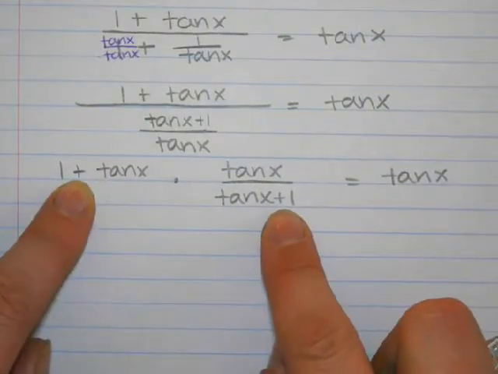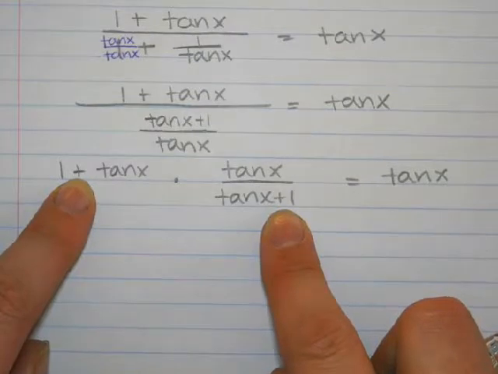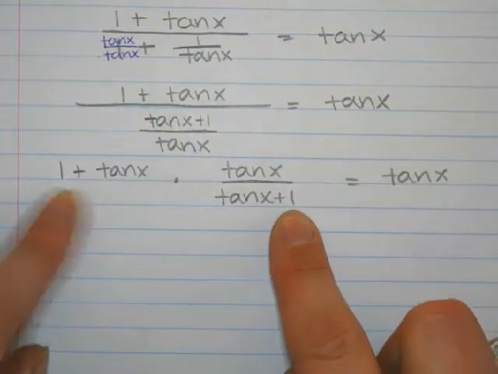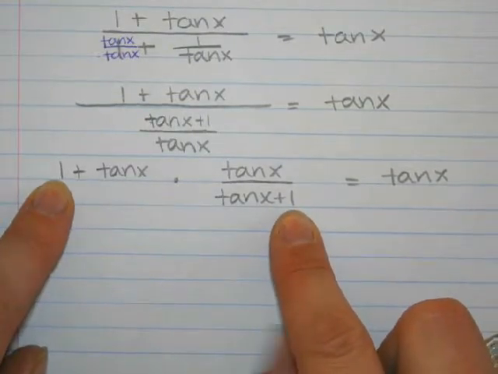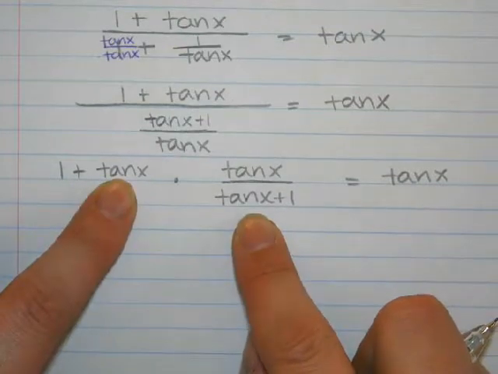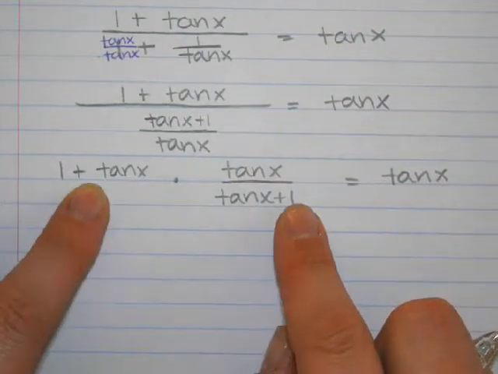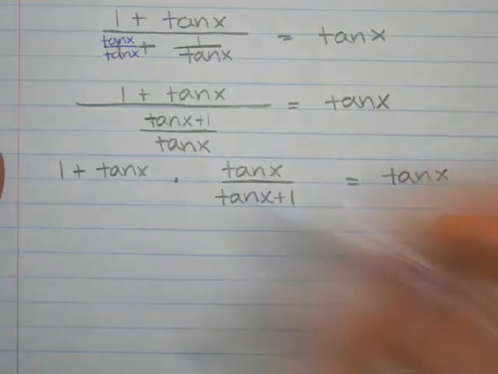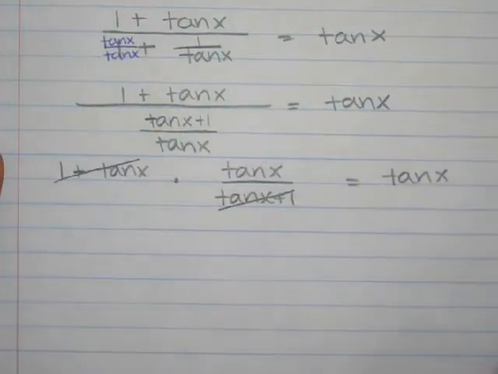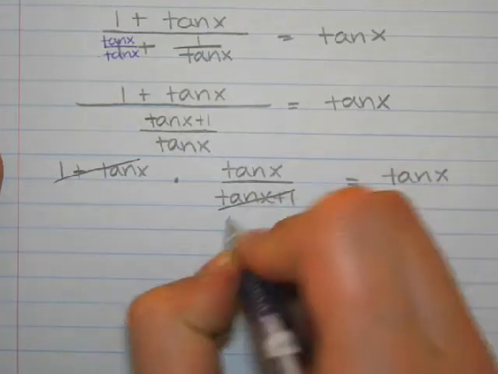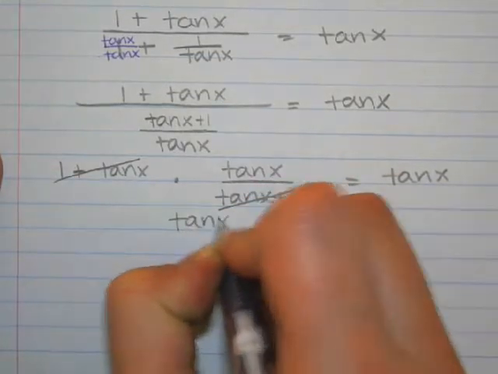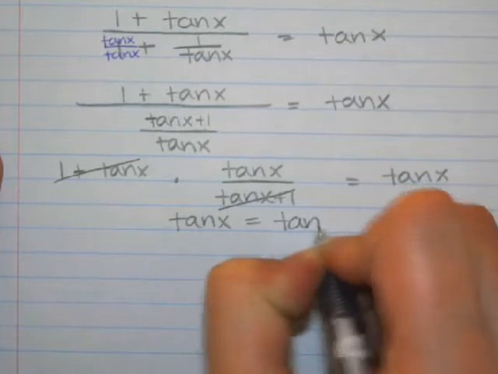It's okay that they have a plus sign because I'm canceling the entire thing. I'm not saying 1 and 1 cancel. I'm not saying tan and tan cancel. I'm saying the whole thing. 1 plus tan x is the exact same as tan x plus 1. So this whole thing cancels with that whole thing. And we get tan x equals tan x. So we're done.